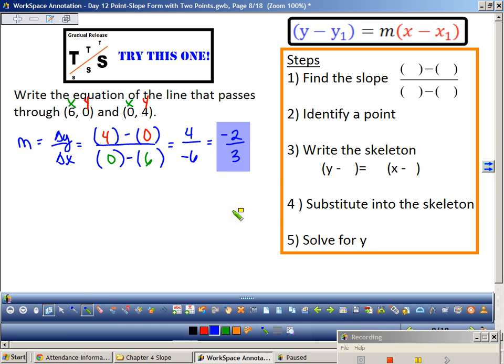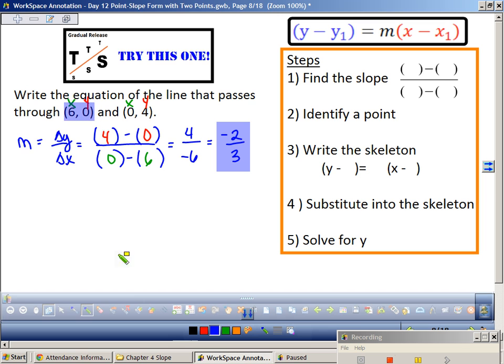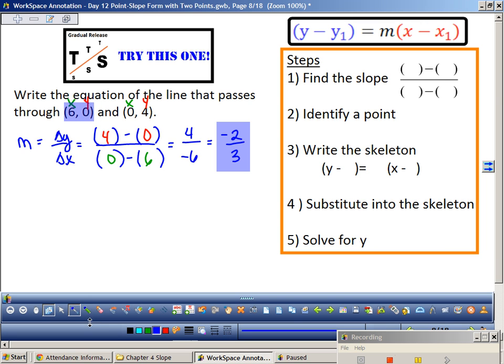Aaron, what's my next step? Which point would you like to use? Well, that's our slope. These are our points. Which one would you like to use? 6 and 0? Okay. So we're using the 6 and the 0. How about Selena? What's my next step?